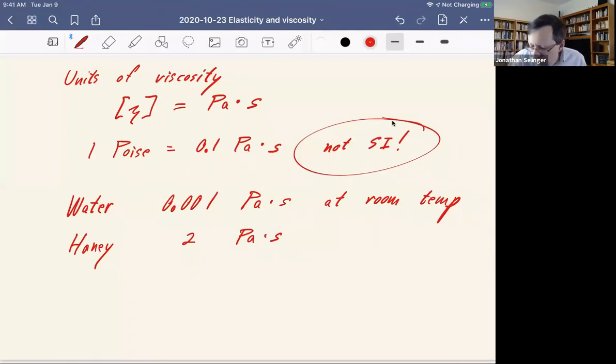So honey is way more viscous than water, which you already know. If you apply a certain force on water, you get a really big velocity, but if you apply the same force to honey, it flows, but much, much more slowly. And so the viscosity is a way of quantifying that.